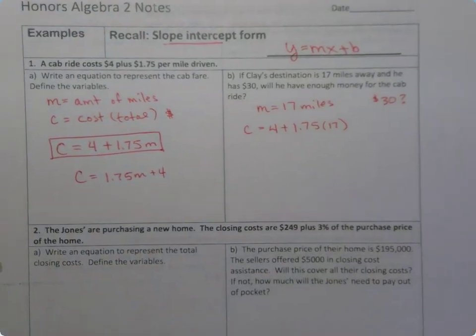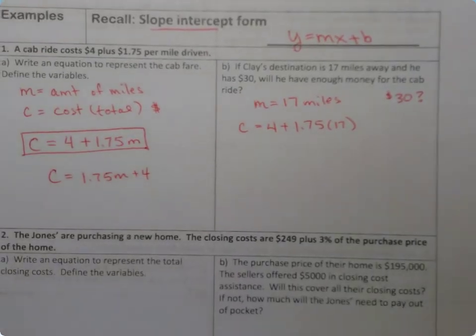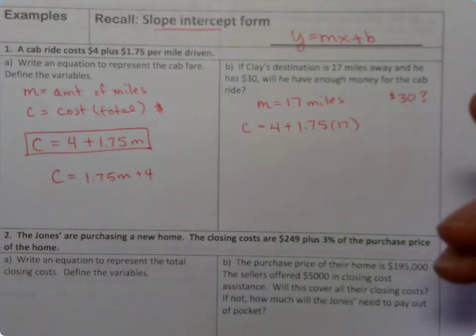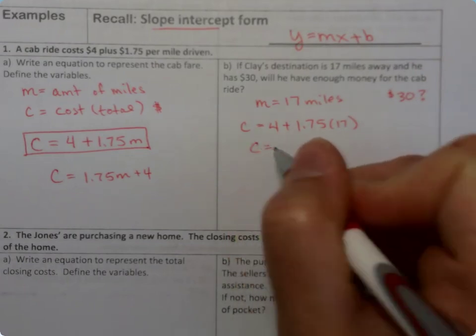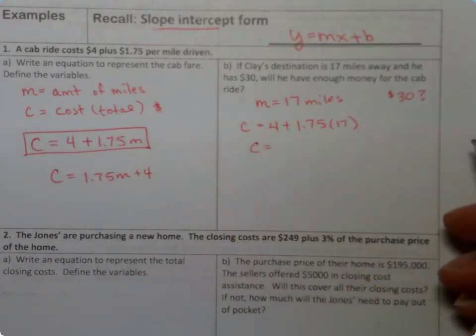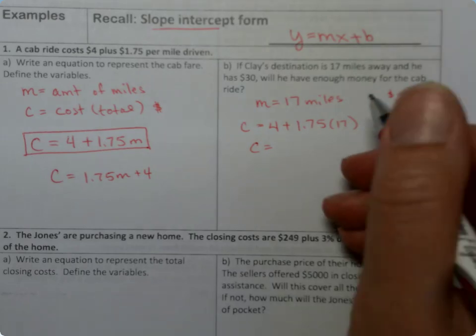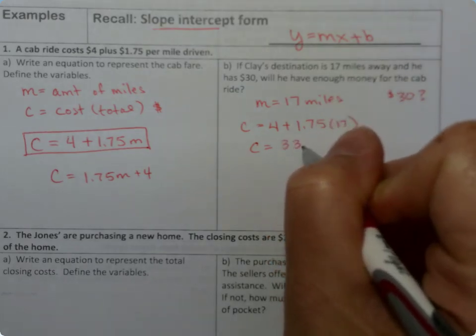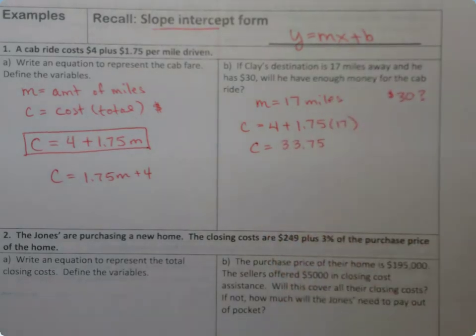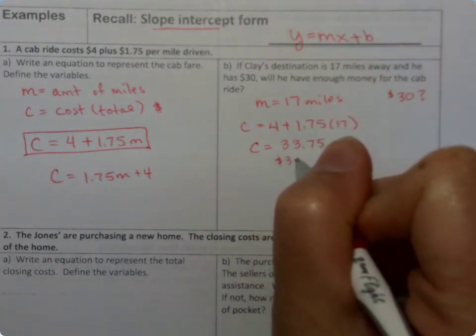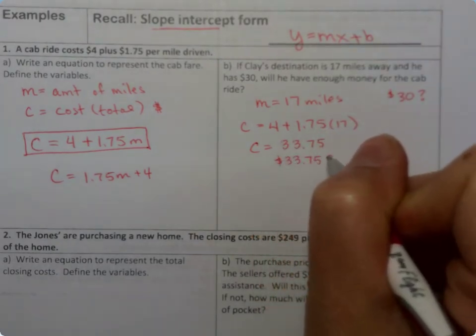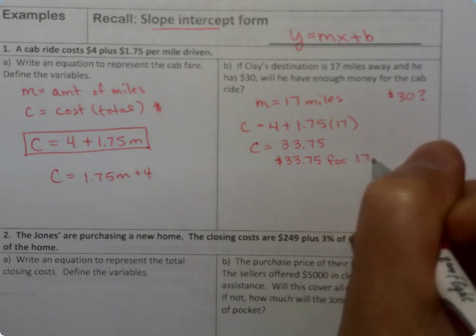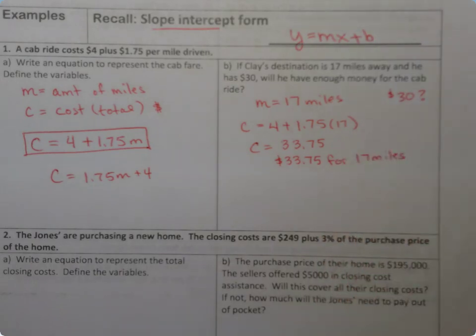And what are you getting for the cost? Well, I'm looking at it being $33.75. So if we're thinking about it, it'd be $33.75 for 17 miles. Now, I didn't really answer the question. I'm just giving the information.